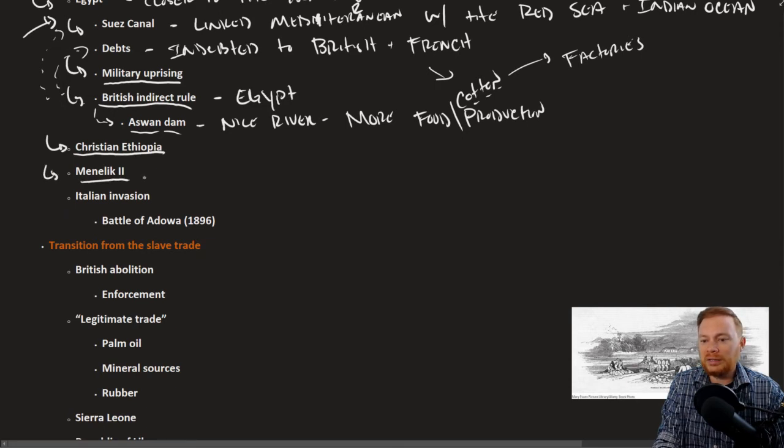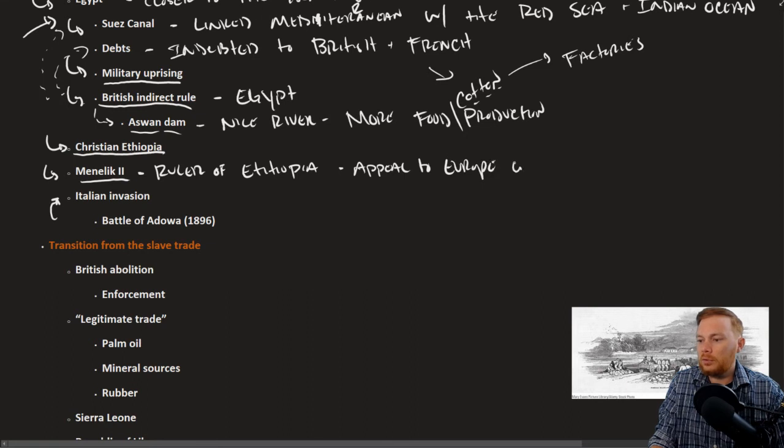The ruler Menelik II, the ruler of Ethiopia, appealed to European powers when the Italians invaded in the late 1800s, and his appeal to Europe was done on religious grounds, which is somewhat interesting.